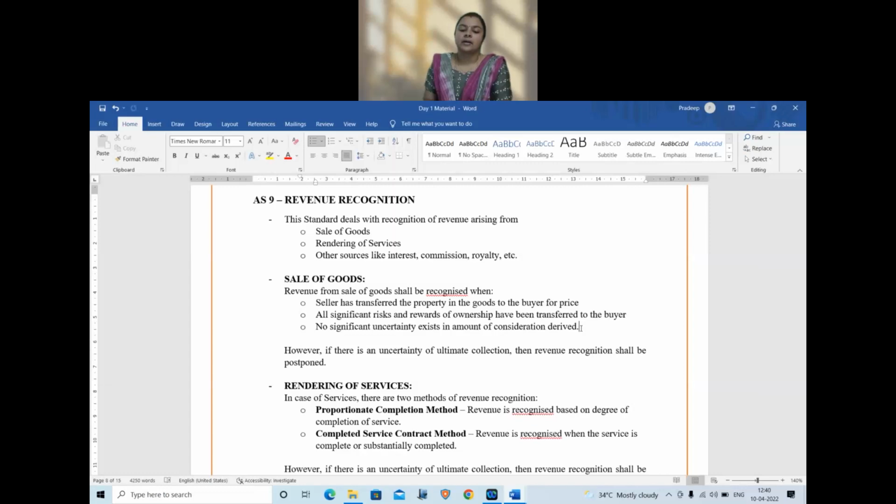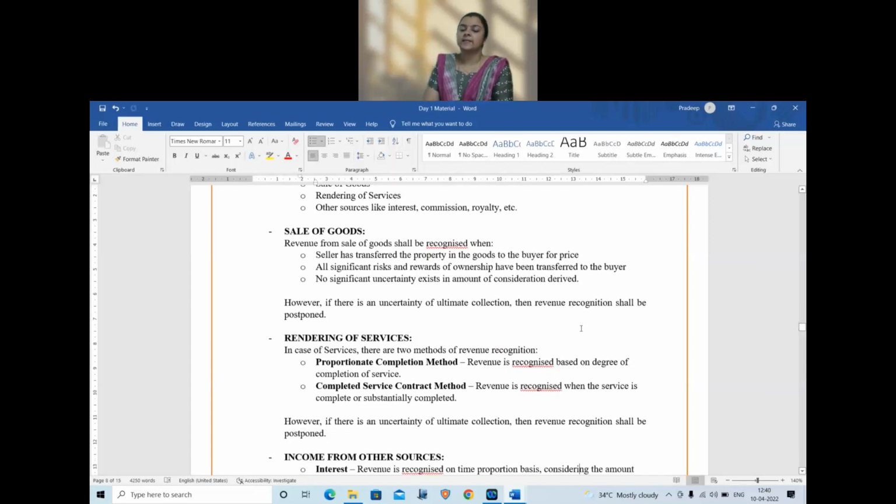Right. Second part of the standard, rendering of services. So what is rendering of services? Any activity done where there is a service yet to be rendered or completed. Now there are two types of services rendering. One, percentage completion or proportionate completion, where it is a continuing service or continuous service.